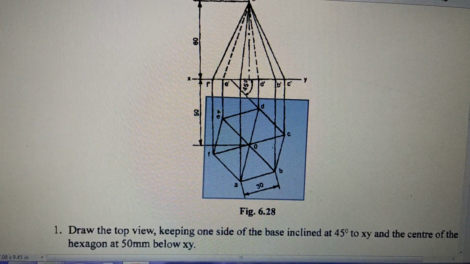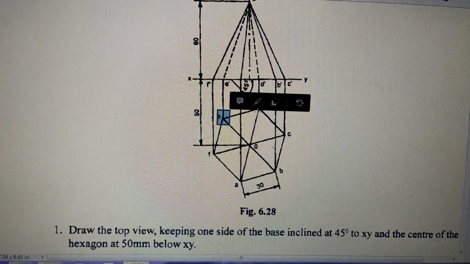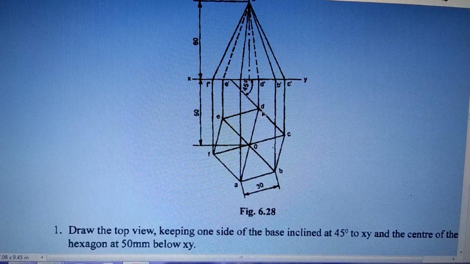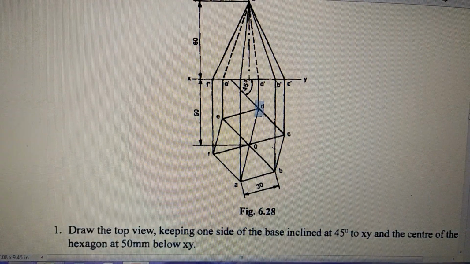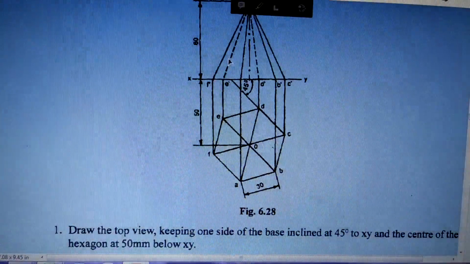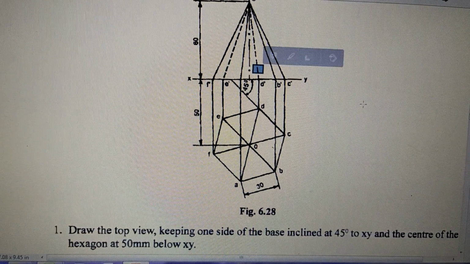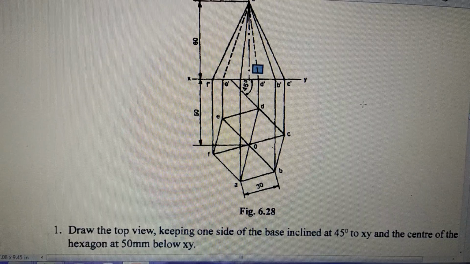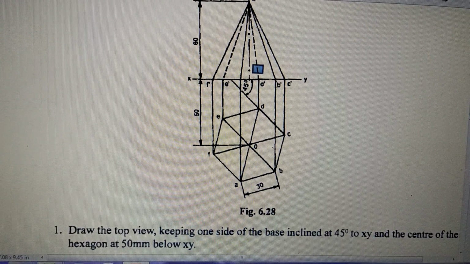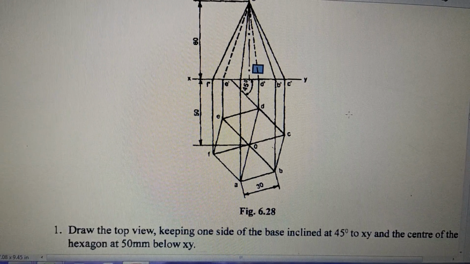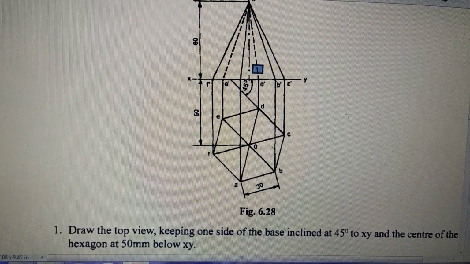Whatever edges are behind, like this edge and this edge, have become dotted lines. Other lines are seen, so they are dark. So the hexagonal pyramid is shown in this position.